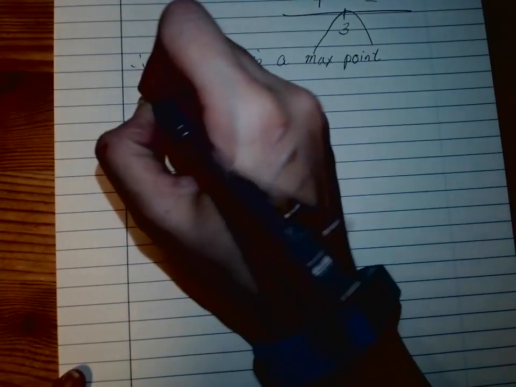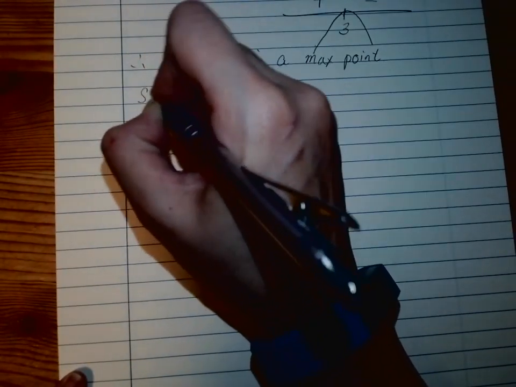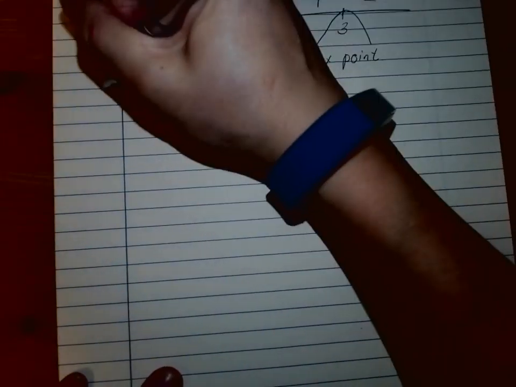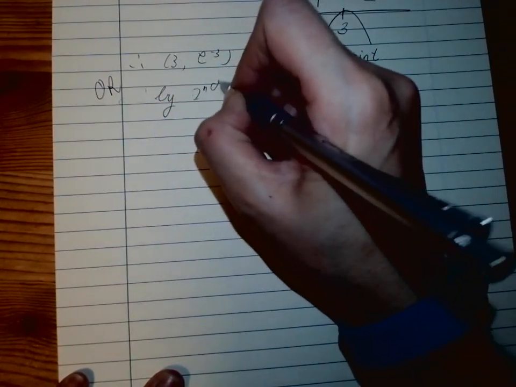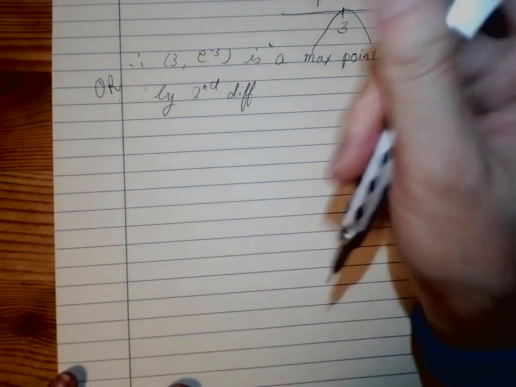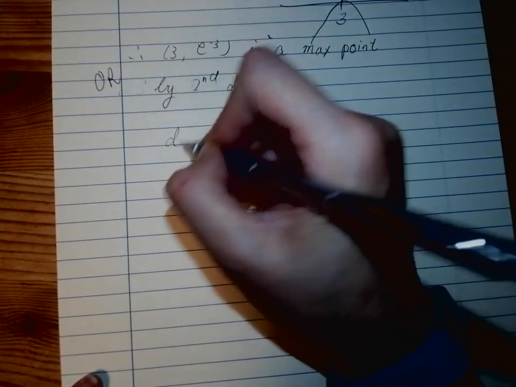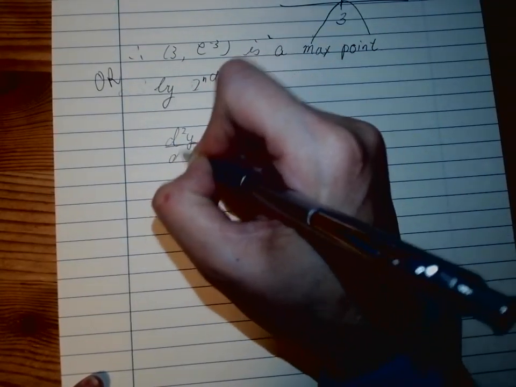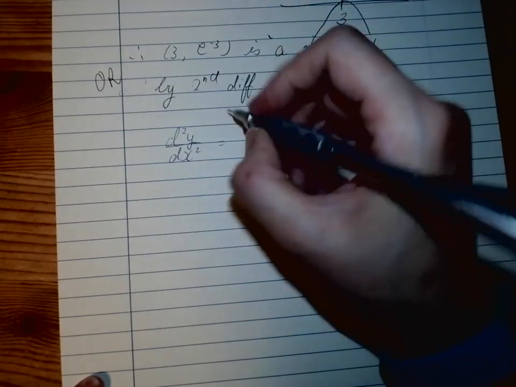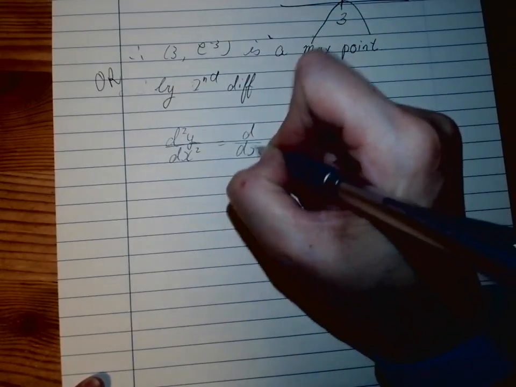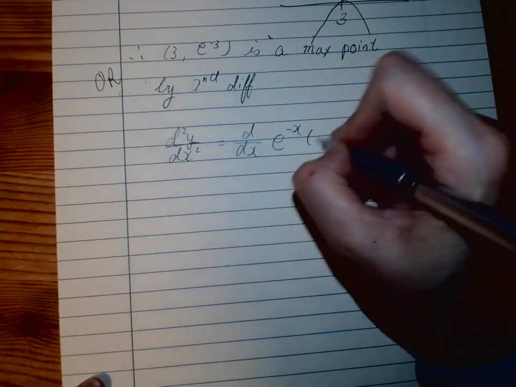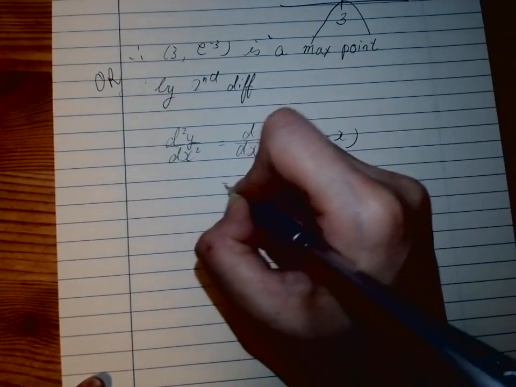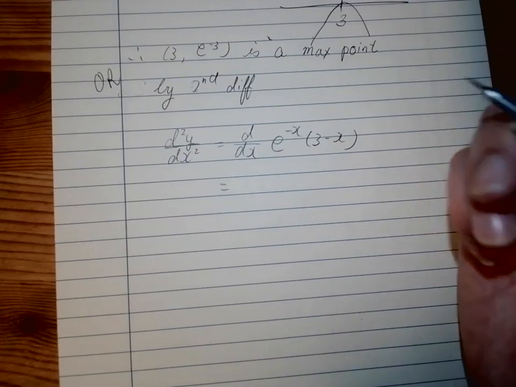Or by the second derivative, so we could have d squared y over dx squared, which is differentiating our previous expression. So we perform our product rule again.